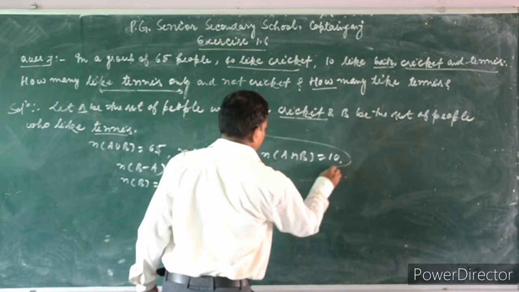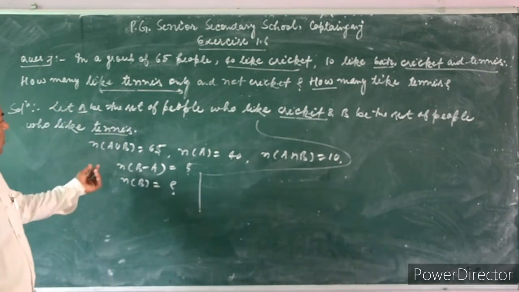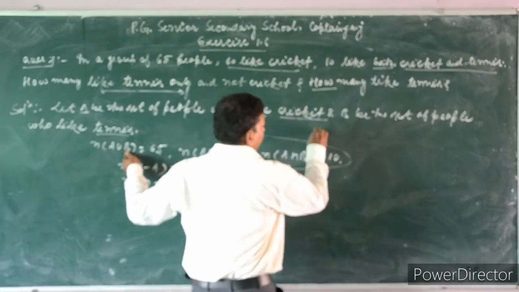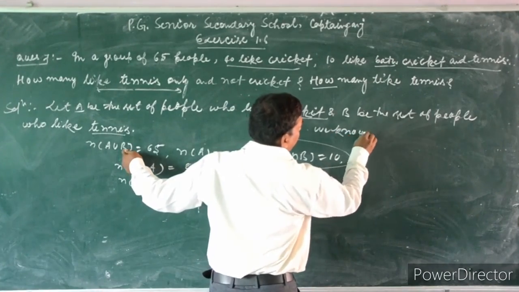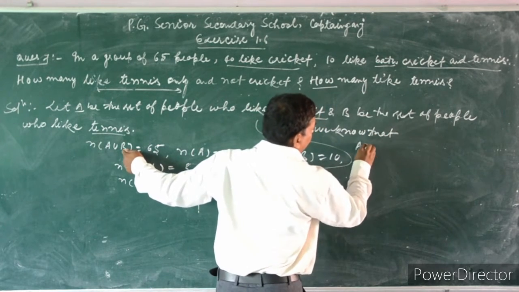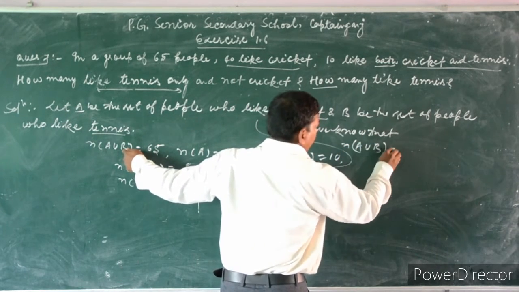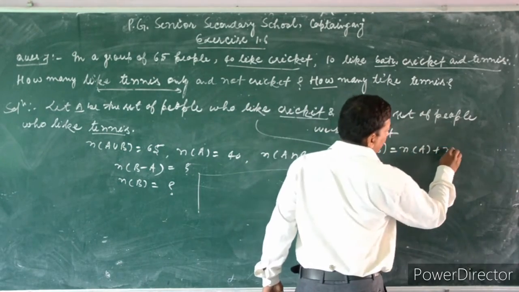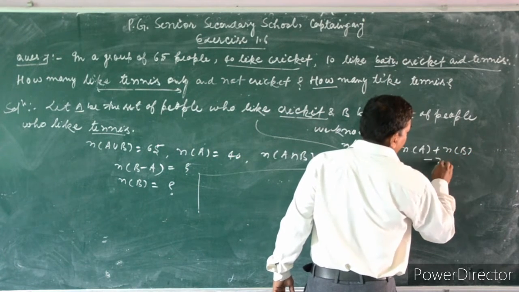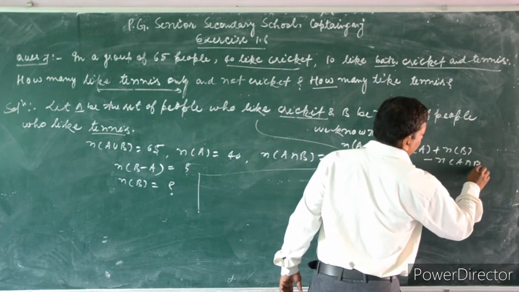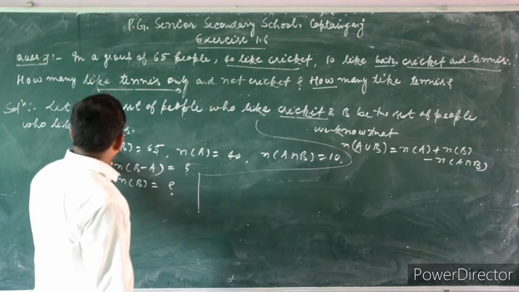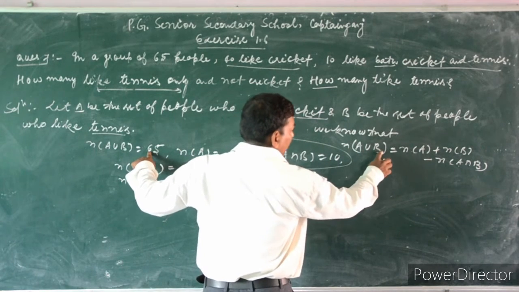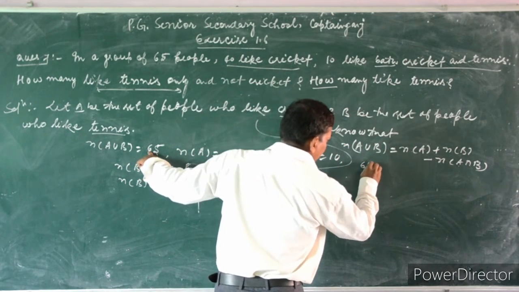Now, we know the formula: the cardinal number of A union B is equal to the cardinal number of A plus the cardinal number of B minus the cardinal number of A intersection B. In place of the cardinal number of A union B, we write 65.